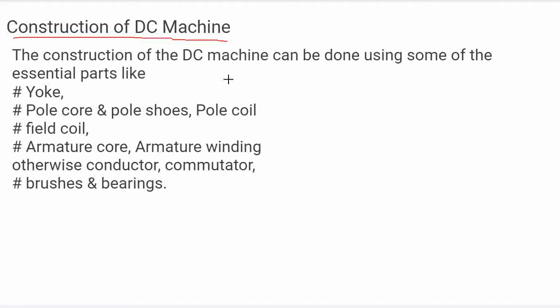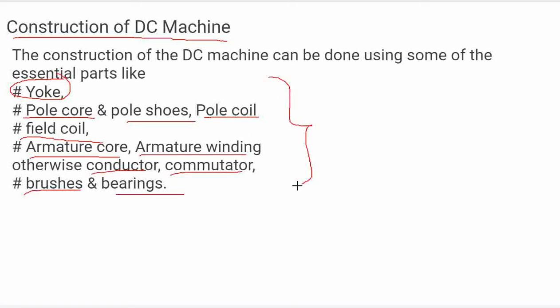First of all, the construction of the DC machine consists of yoke, pole core, pole shoe, pole coil, field coil, armature core, armature winding and conductor, commutator, brushes and bearings. These are the essential parts of a DC machine.